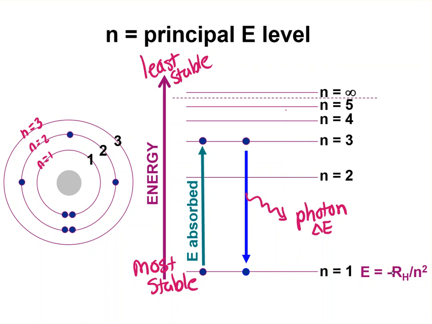Okay, I wanted to show you this over here. So this equation is the equation for calculating the energy of an electron on an energy level, where RH is that constant, and RH is a positive number. So when you calculate this, it will be a negative number, and of course n is the energy level.